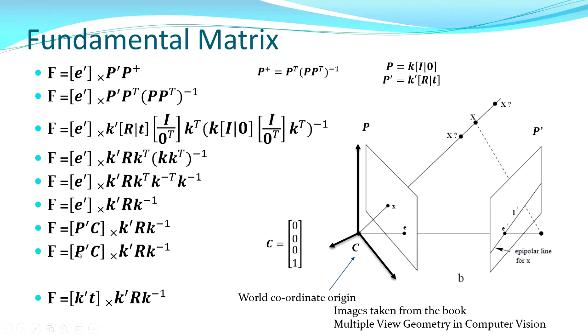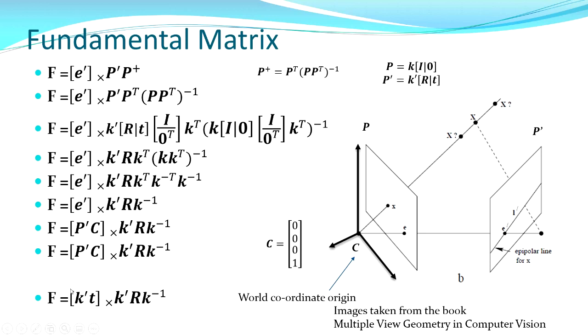If you put that over here, we know P dash is this thing, K dash [R T], and you see that there is this C over here, which has the upper 3 coordinates as 0. So when you multiply this P dash with C, these 0, 0, 0 will basically make this R vanish, so there will be no R, and this 1 will preserve the T.